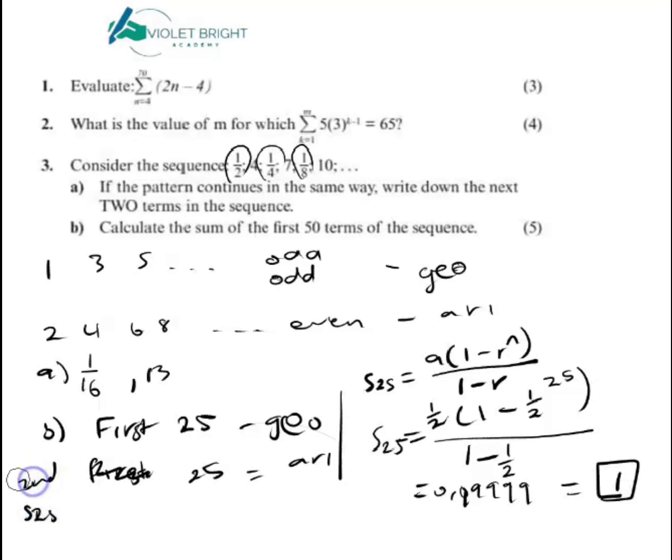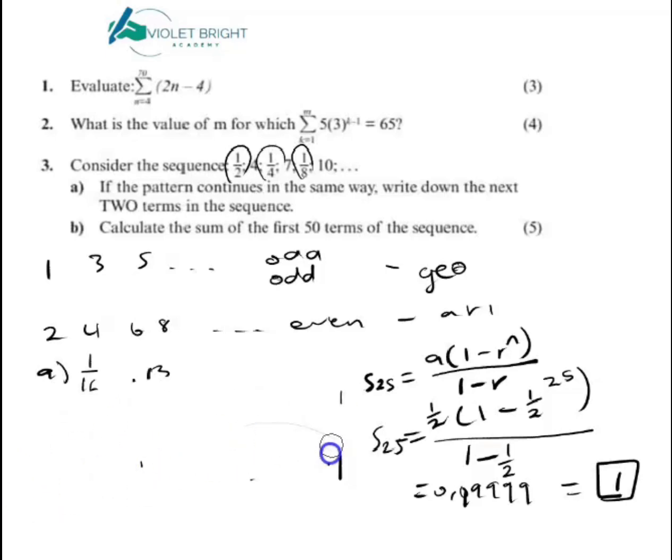Let me just erase this. The second 25 terms, the arithmetic sequence, it's going to be the sum of the first 25 terms. Let's just use this equation, n over 2, let me just not rush, 2a plus n minus 1 d.